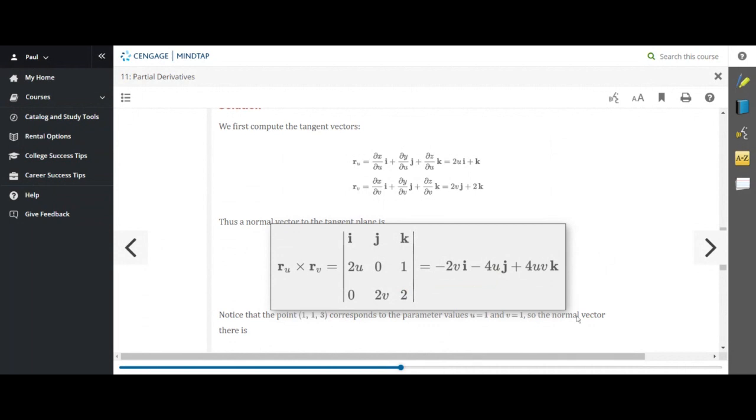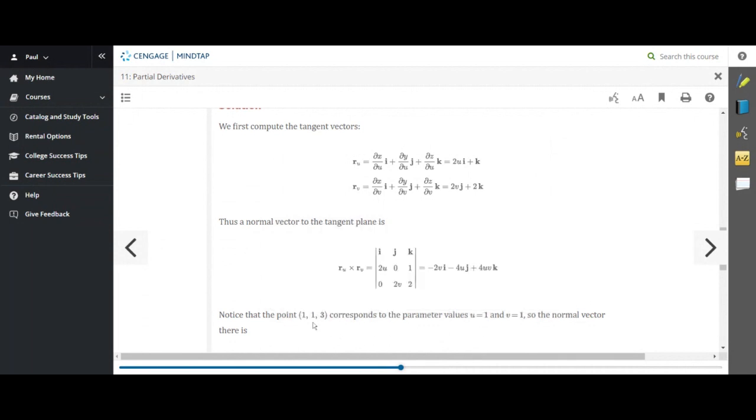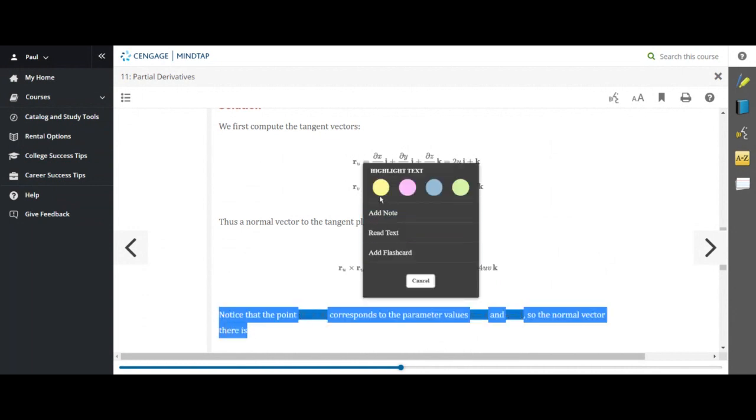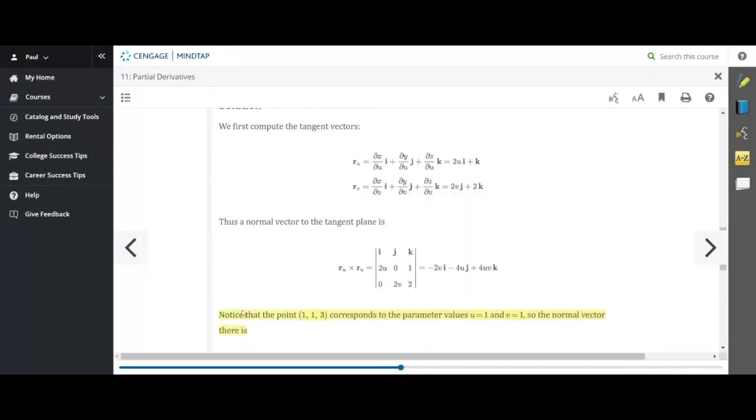Now what they do is they say, notice that the point (1, 1, 3) corresponds to the parameter values u equals 1 and v equals 1.